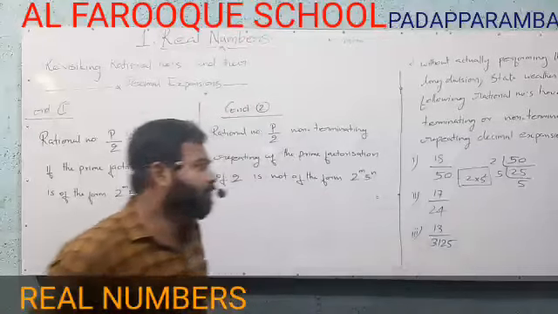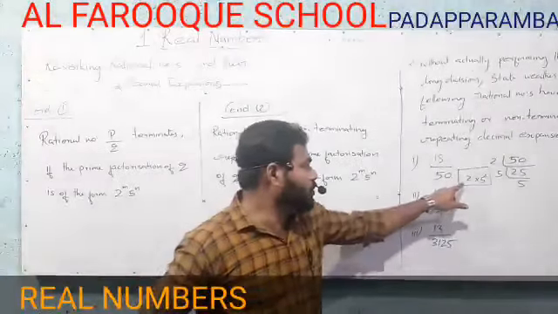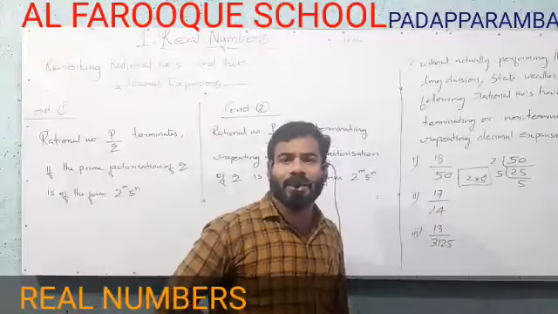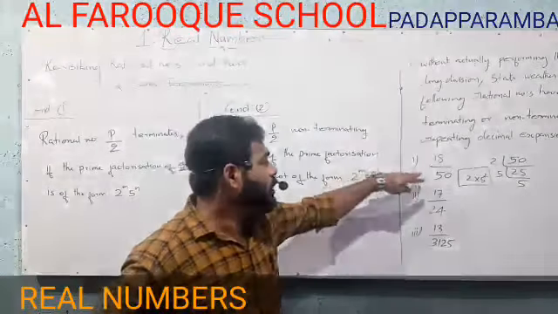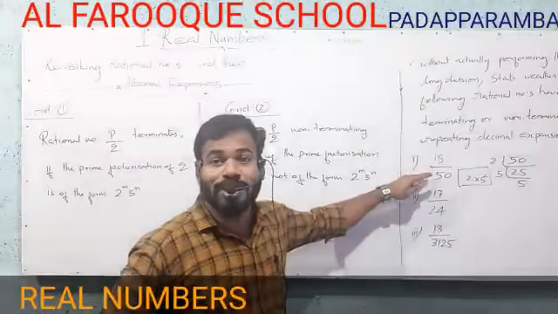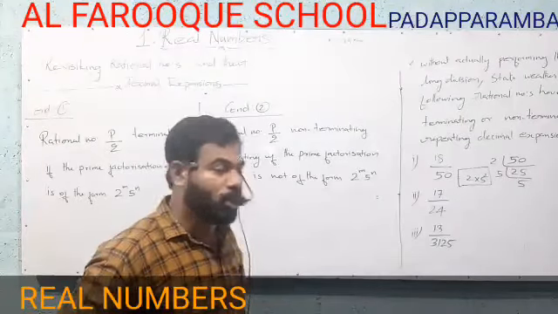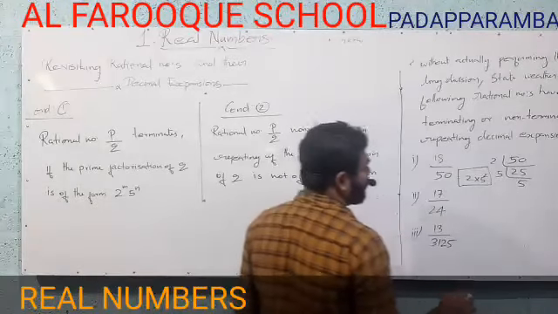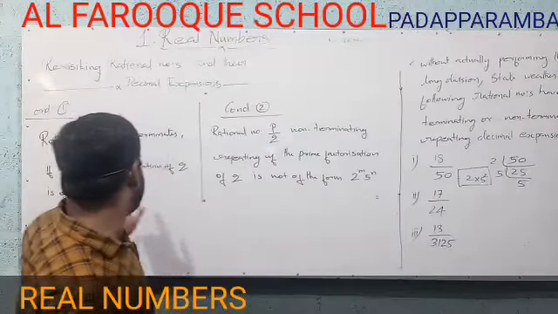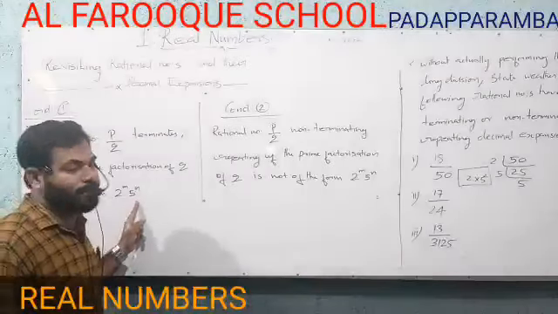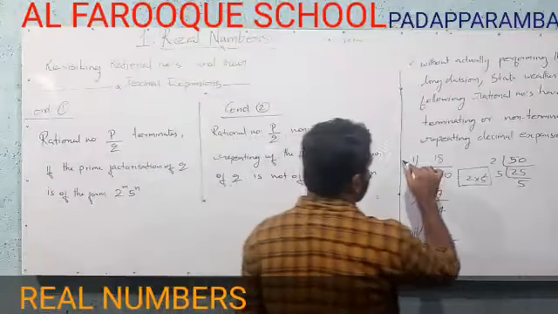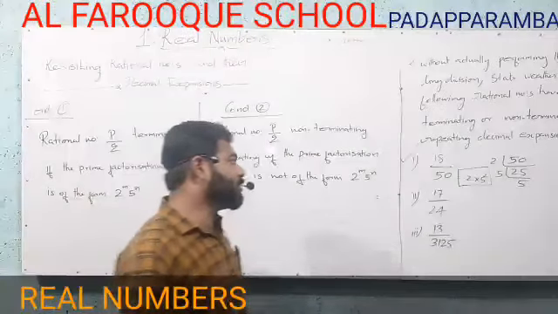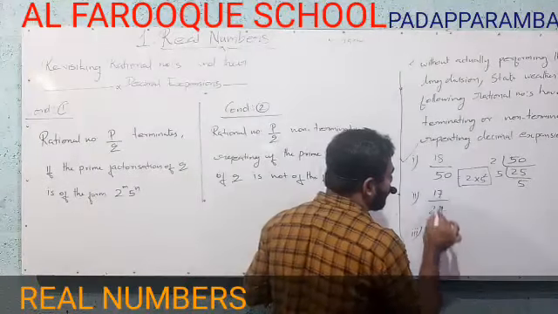Look at the prime factorization, which includes only 2s and 5s. So we can conclude that the decimal expansion should be terminating, because the prime factorization is of the form 2 raised to m, 5 raised to n. So it is terminating.